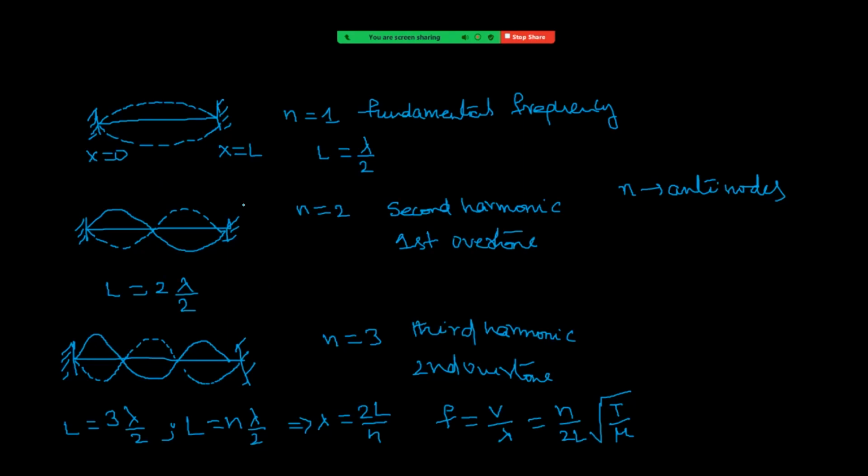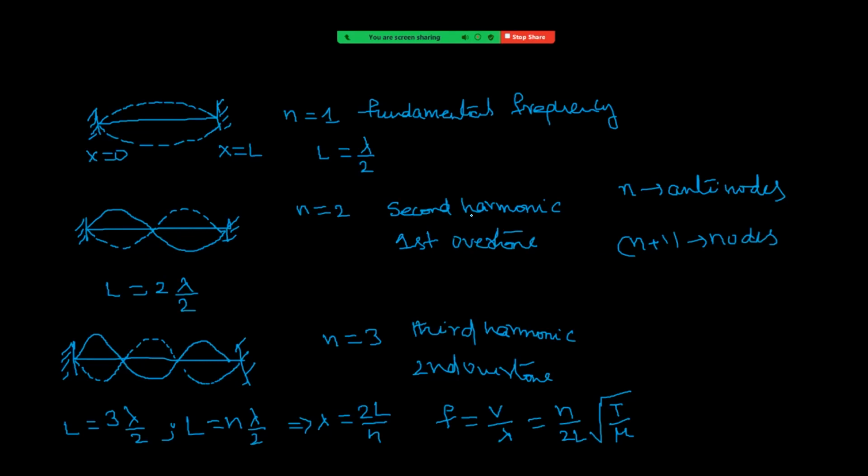And if you are taking nodes, for one loop, two nodes. For two loops, three nodes, 1, 2, 3. For 3 loops, 1, 2, 3, 4. That means n plus 1 nodes.